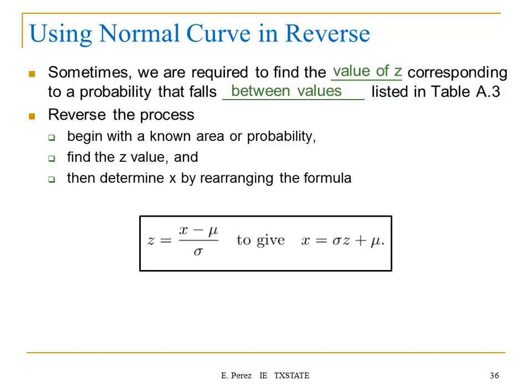That's very easy. You take the transformation, which you already know, and you solve for X. If you have the value for Z, the mean, and the standard deviation, you can find the value of X. Okay, so it's basically doing the same thing, but changing the unknown.